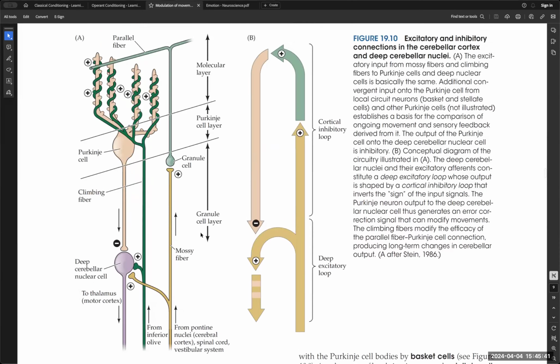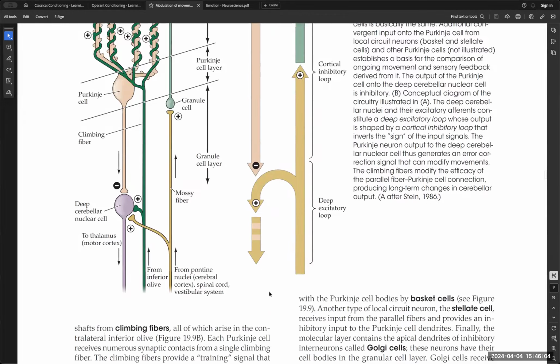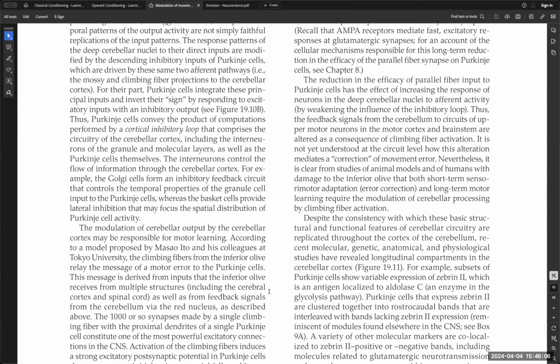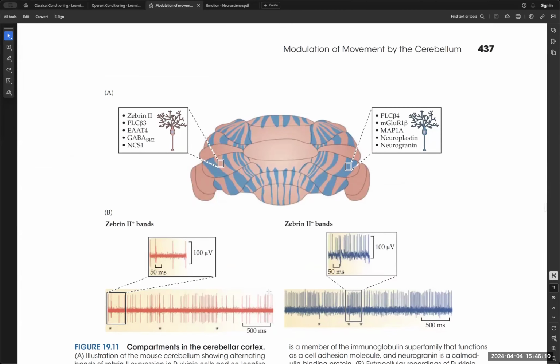Whereas the climbing fibers coming from the inferior olive synapse with multiple contact points on the dendrites of the Purkinje cell. That is why, when I have excitation of the climbing fiber, we call it a complex spike.